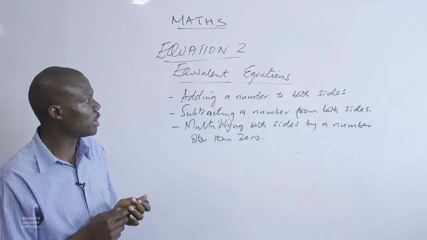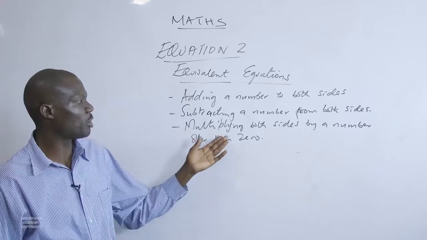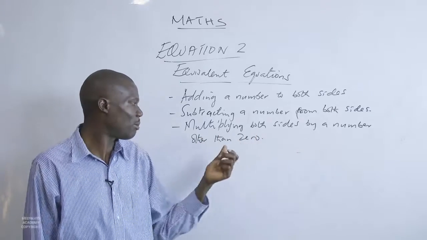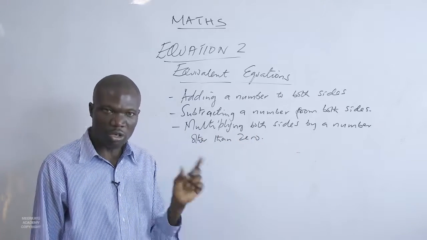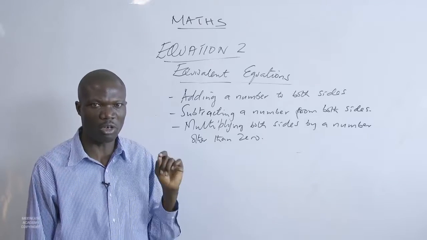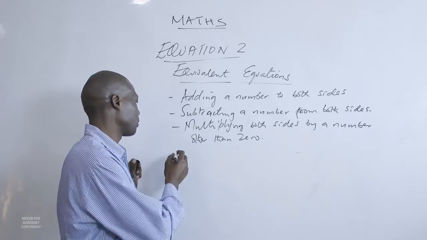You can also arrive at an equivalent equation if you're multiplying both sides by a number other than 0. Not 0, any other number but not 0.